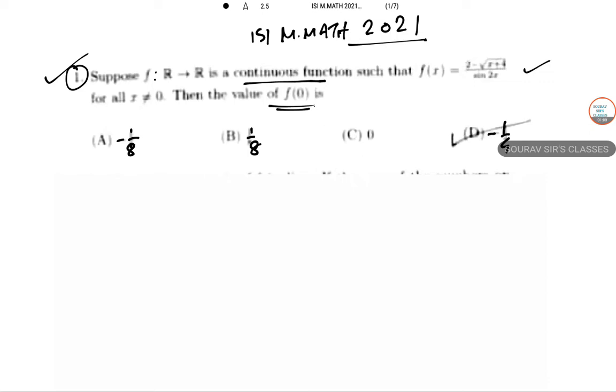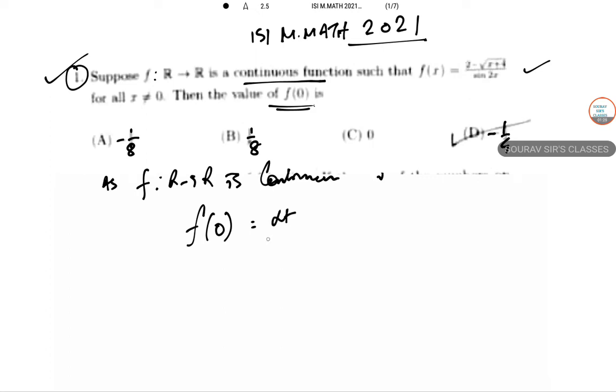So let's do it as f is continuous. In this structure, for f(0) we can apply a limiting structure very easily. So applying limit as x tends to 0 of (2 - √(x+4)) / sin 2x.